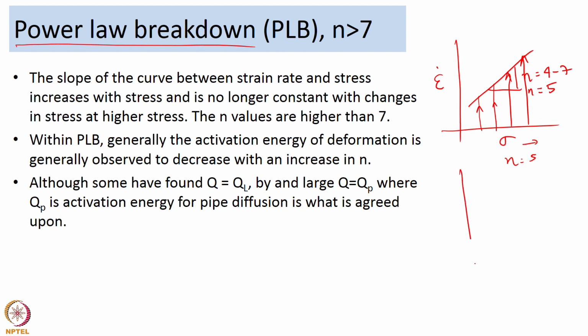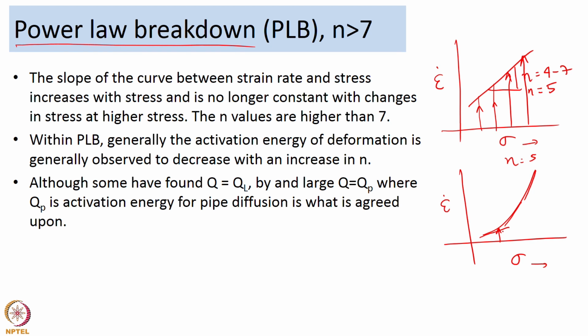But in the power law breakdown regime, when you have epsilon dot versus sigma, you have something like this: the slope continues to change with increase in stress. As the stress increases, the slope is increasing. That is the characteristic of power law breakdown.